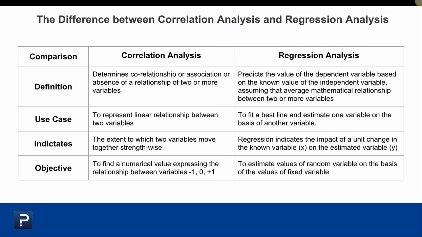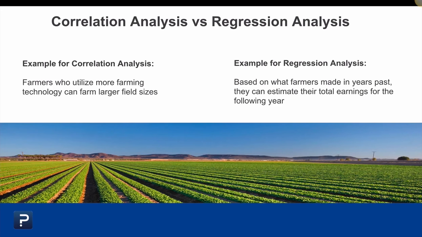The objective for correlation analysis is to find a numerical value expressing the relationship between variables: -1, 0, and +1. And with regression analysis, the objective is to estimate the values of random variables on the basis of the values of fixed variables.